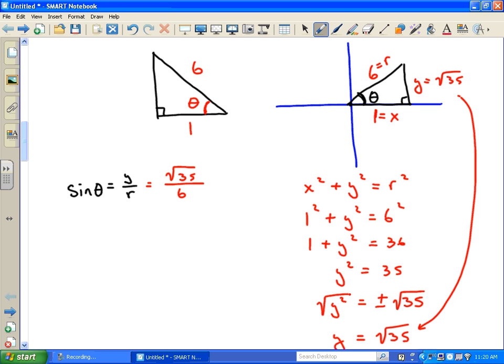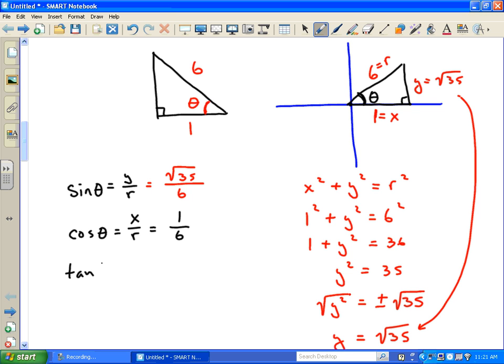Now, one of the things from algebra is that if you have a root in the denominator of a fraction, it's not simplified. In this problem, the root is on the top and a constant is on the bottom, that's fine. Cosine of theta is equal to the ratio x over r. X is 1, r is 6, so we have 1/6.